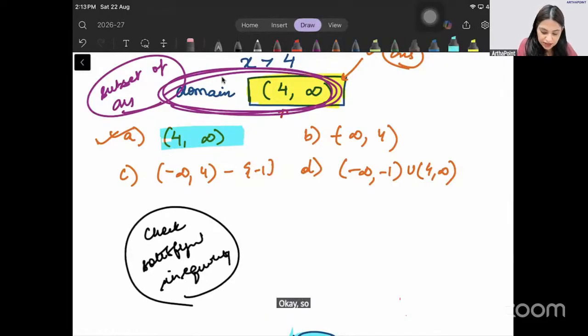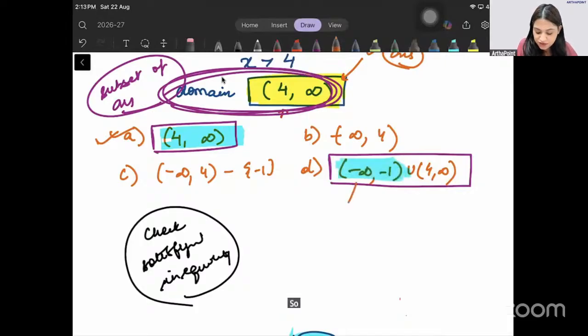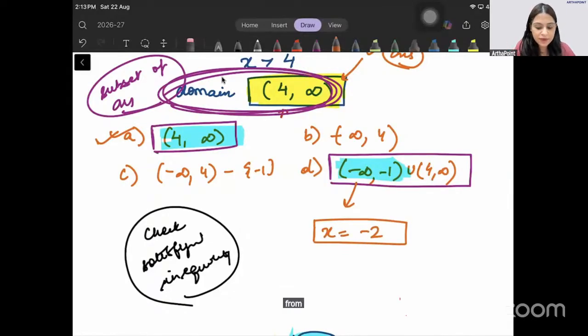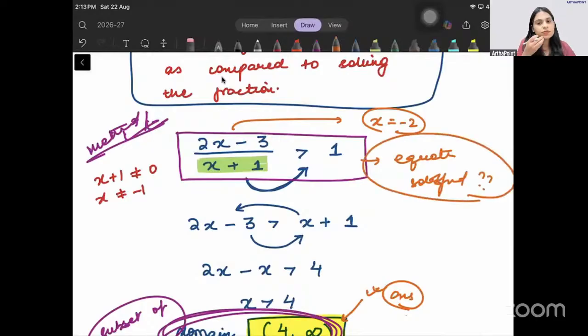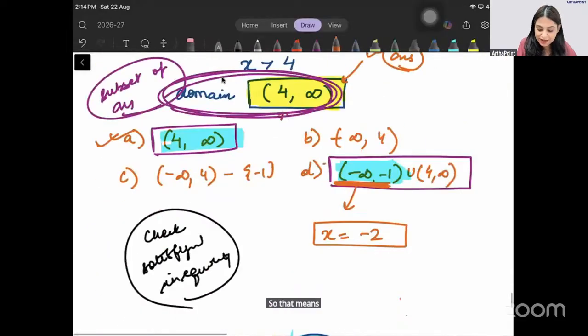So in this case, if I compare A to D, then in D this part is extra, the part from minus infinity to -1, these are extra values of x. So pick any value of x from there. Suppose I pick x as -2, I took some value of x from that extra part, and I will ask: is this equation satisfied at x equal to -2? If this equation is satisfied at x equal to -2, then yes, this part is also an answer, because I have to give all values of x. So that means this becomes the answer.